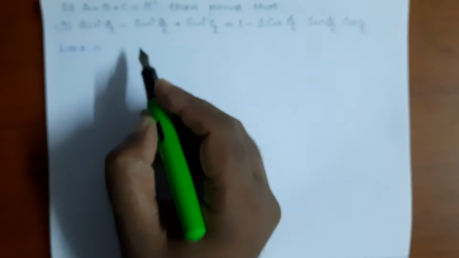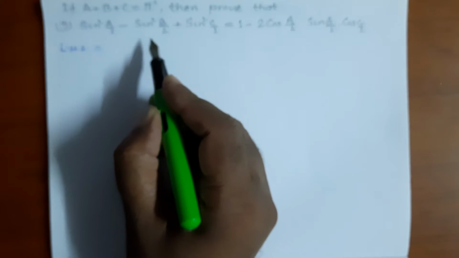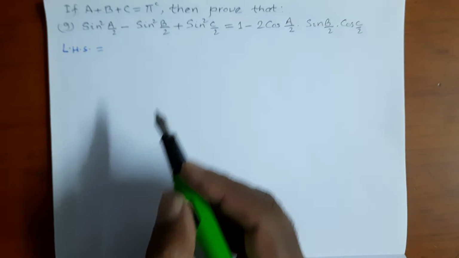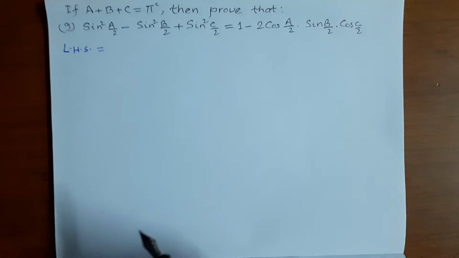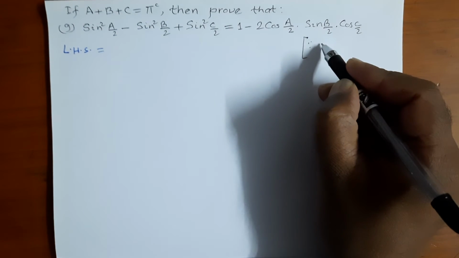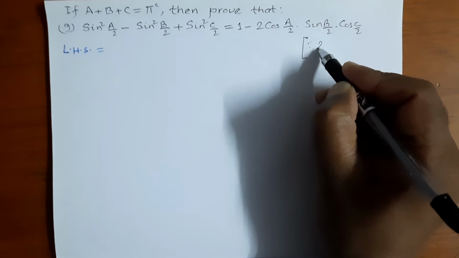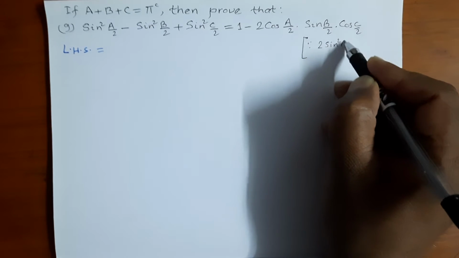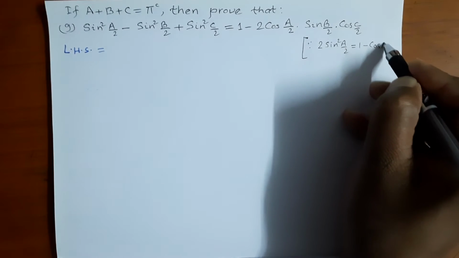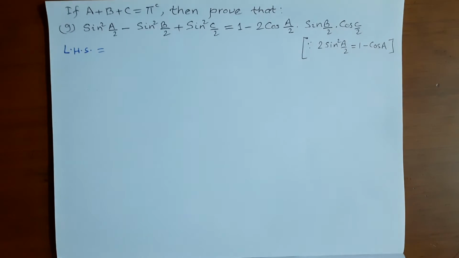The left hand side is given as sin square A over 2 minus sin square B over 2 plus sin square C over 2, and we have a formula for this sin square A over 2. Our formula is 2 sin square A over 2 equals 1 minus cos A. We can use that formula.